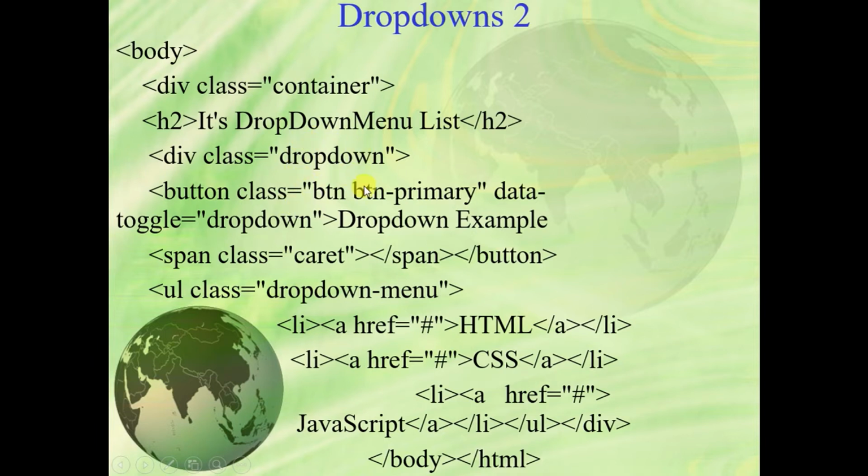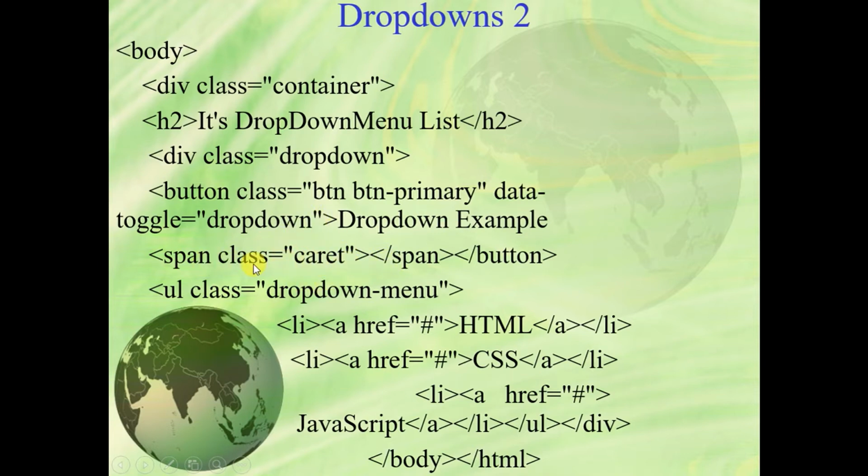This is our class. Then in this class I am creating a button with design, primary, and data dash toggle. Okay, and drop down example. Write some text here. Then the icon of the drop down caret.